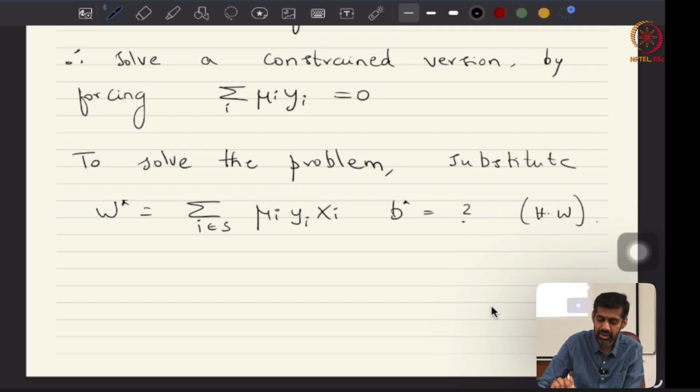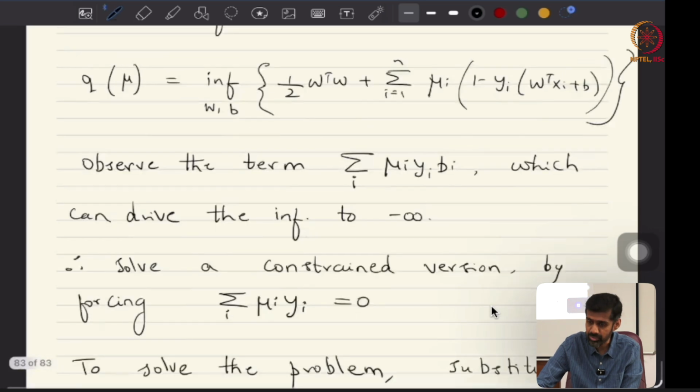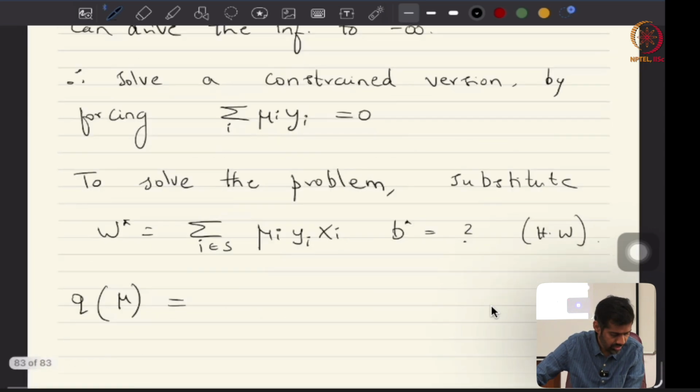So we substitute that b star and w star in q mu, and we get q mu, which is the infimum. Once we substitute w and b to be w star and b star, which are the solutions for the primal problem, we are actually getting the solution for the infimum. So q mu will look like this.